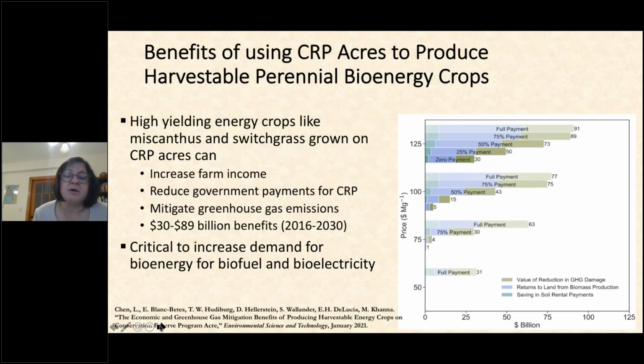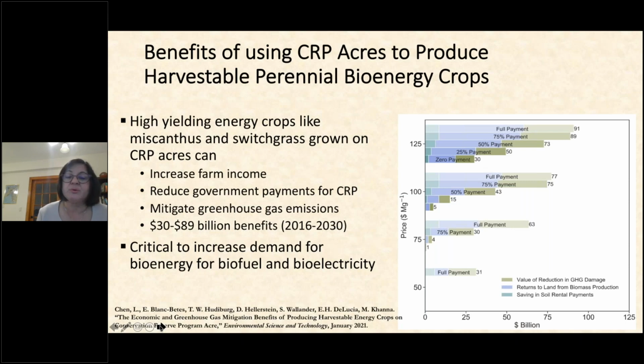And this is just a quick example of how, instead of losing CRP acres to annual crop production, and losing the environmental benefits that it can provide, here we look at the benefits of actually using those acres to produce harvestable perennial bioenergy crops. And we show that this could significantly increase farm income for the landowners with land in CRP.